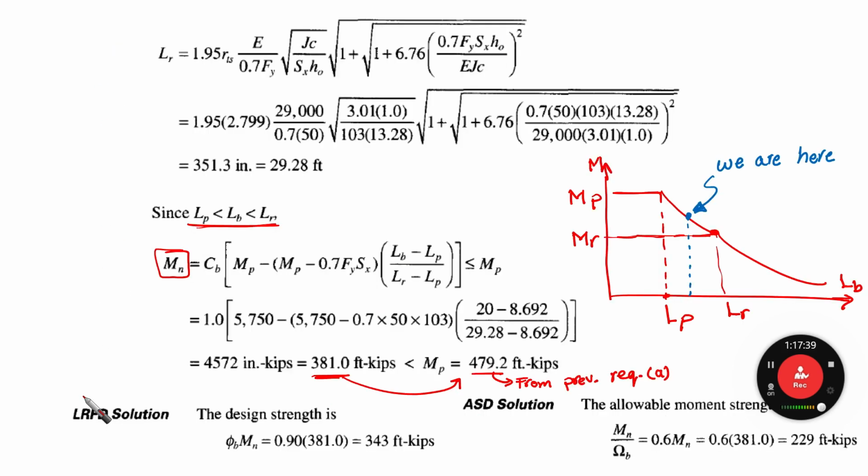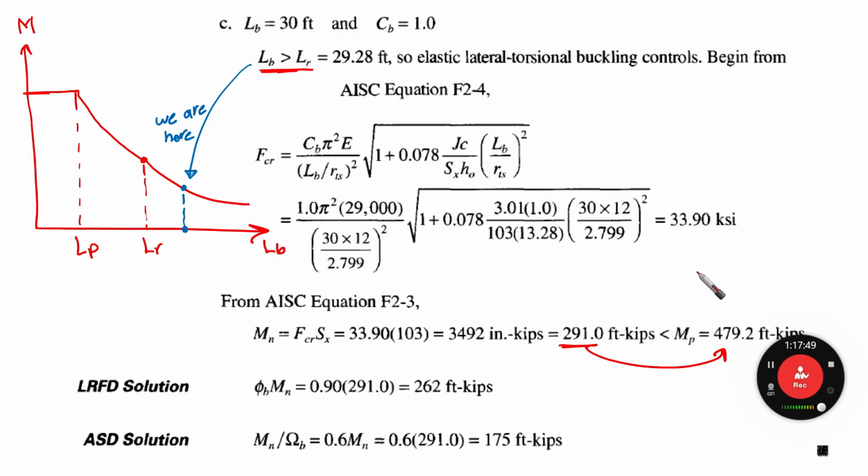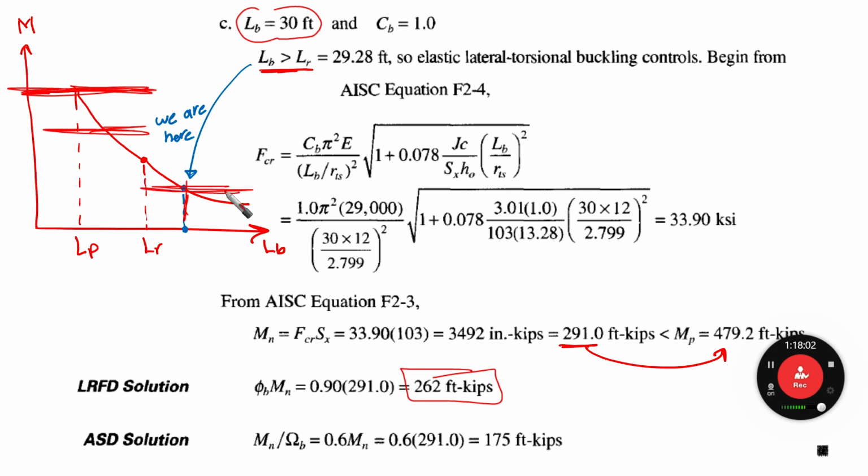We ended up with an LRFD of 343. We are here, not Mp, right? Less. And then the last case, when Lb equals 30, we found that our LRFD is 262. So we were here in A, we were here in B, we are here in C.